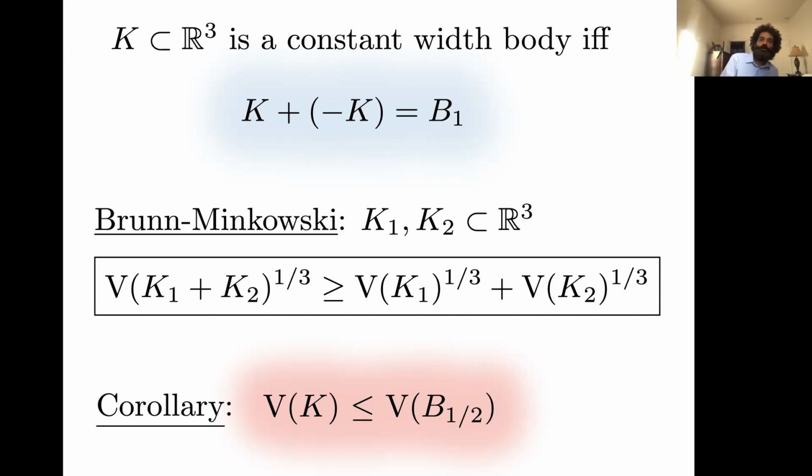And so the ball of radius 1/2 maximizes volume among all shapes of width 1. And like I said, you can do this same argument in any dimension. It actually is not such a big surprise because, again, the volume is concave, strictly concave, in fact. And so it wouldn't surprise you that there's a unique maximizer, it just happens to be the ball.